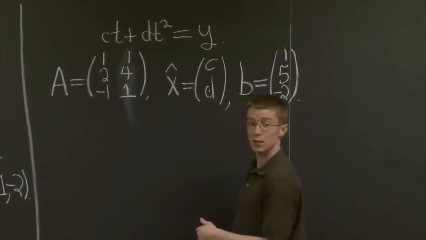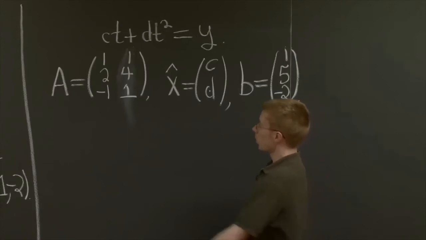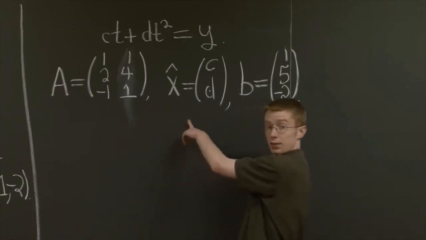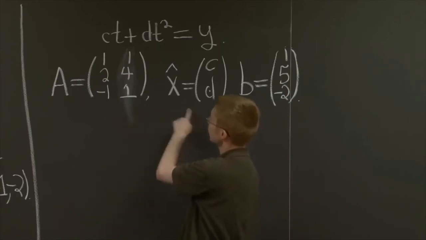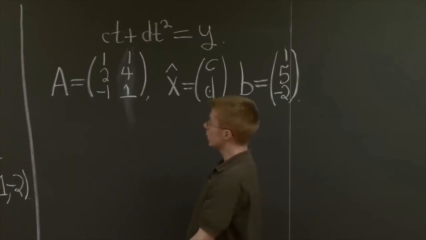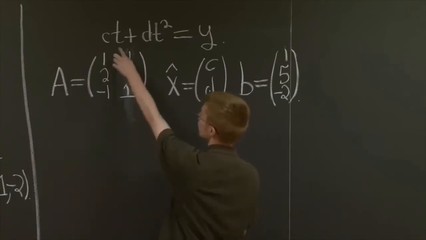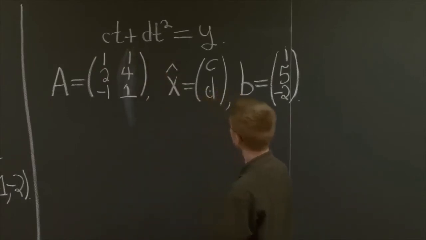Okay, why did I set this problem up like that? Well, multiply A times x hat. The first coordinate of A times x hat is 1 times C plus 1 times D. It's just the same as plugging in this first point into the left-hand side of this equation.